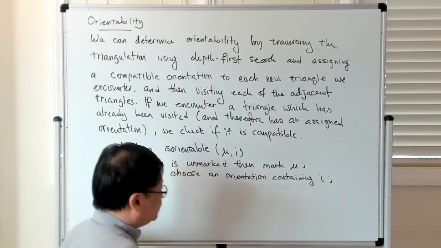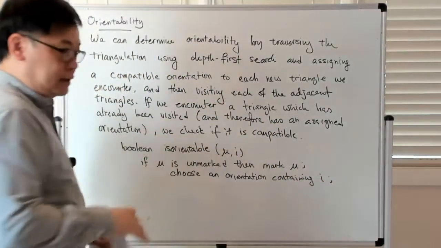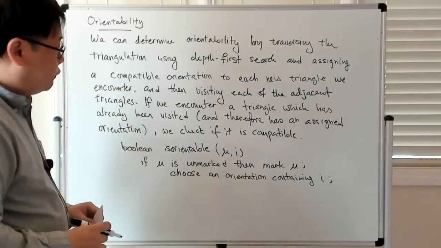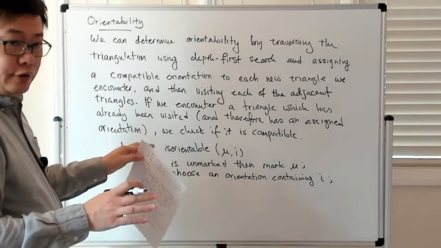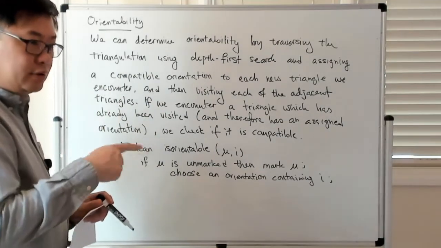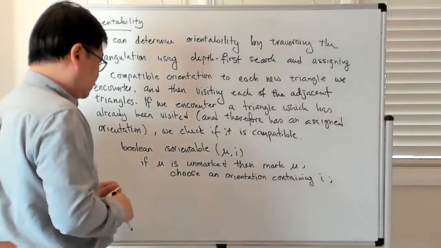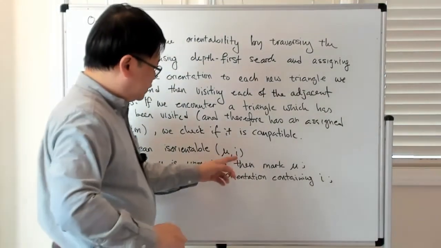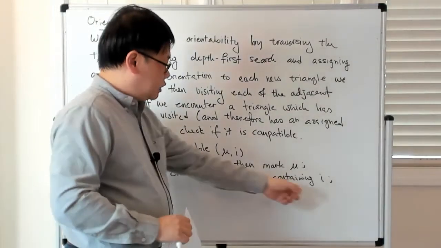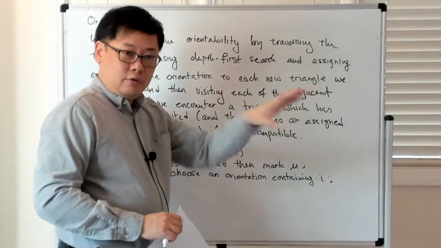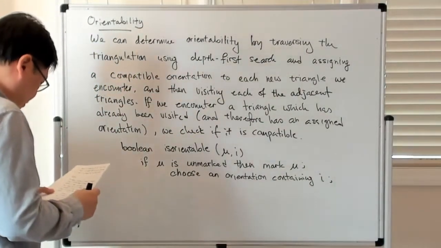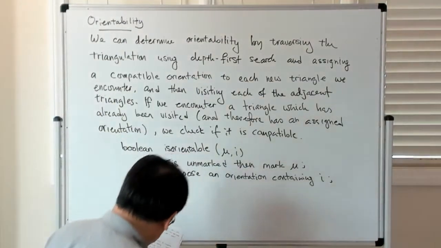If you recall, there are these 6 possible permutations of the ordering of the vertices for any triangle, and they correspond to 2 different sets of orientations, having to do with whether the vertices are ordered in a clockwise versus anti-clockwise fashion. So I is one of those 6 possibilities, and you just want to choose an orientation which is one of the 3 in that equivalence class which has the same orientation. Okay, all right.